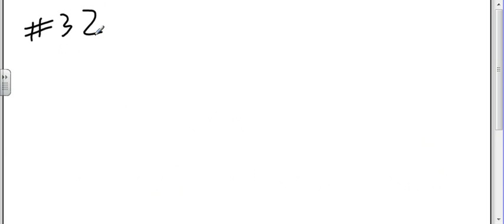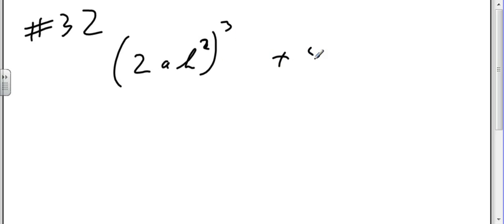Number 32, we have (2ab squared) cubed plus (5c to the 4th) cubed. No, that's not what the problem has, but that's what we're going to write down because that's what we need, the sum of two cubes.